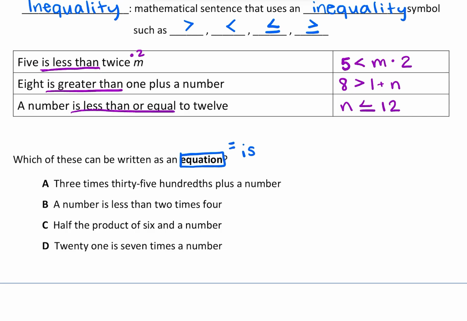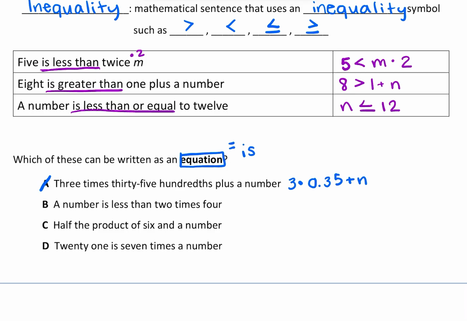So A, 3 times 35 hundredths plus a number. You might even want to write it out. 3 times 35 hundredths, so that's a decimal, plus a number. That does not have an equal sign, so A is out.